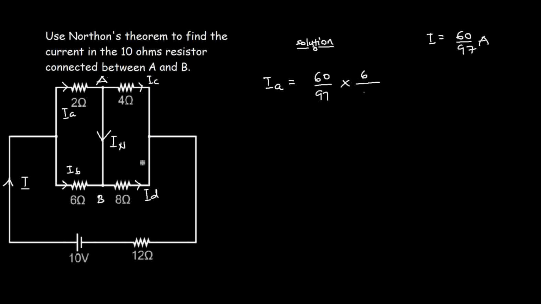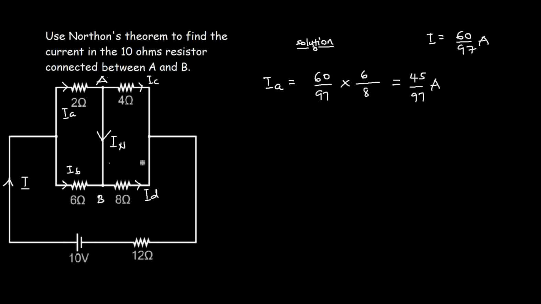So that is 6 plus 2, which gives 8. Let's calculate these values: 60 on 97 times 6 on 8 gives 45 on 97 amperes. That's the current IA.